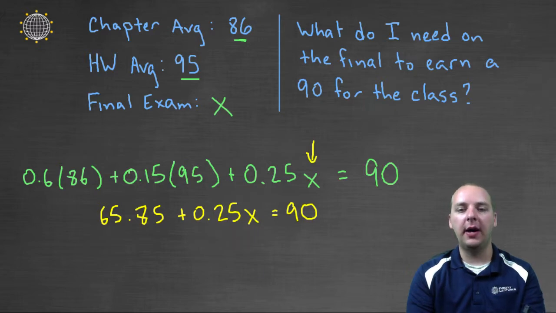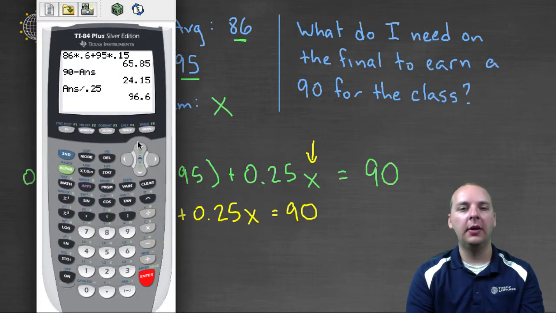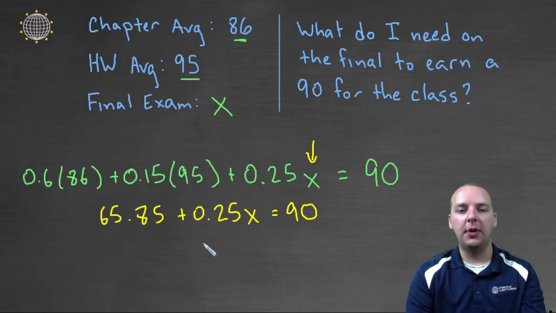Okay, and then we'll solve for X by subtracting 65.85, and then once we do that, we'll divide by the 0.25. I'll go back to my calculator. So I took 90 minus the 65.85, and I got 24.15, and then I divided that to solve for X by 0.25, and we get a final answer of 96.6. So let me write out those details.